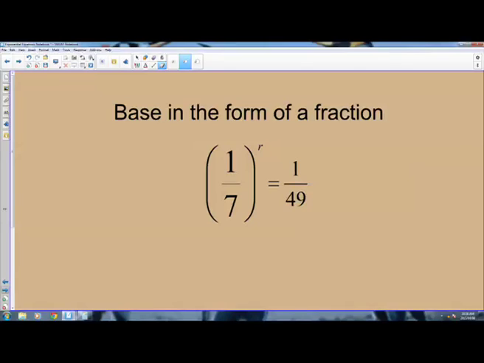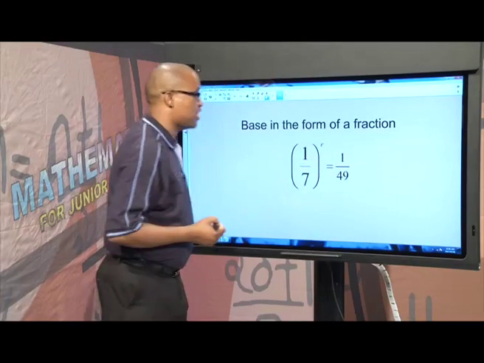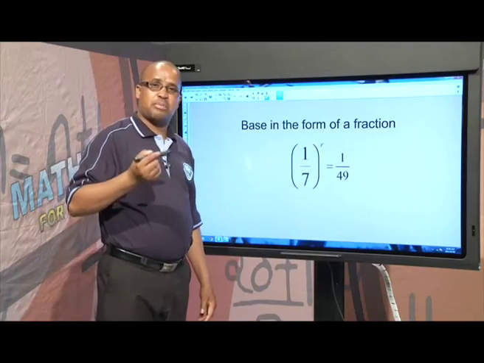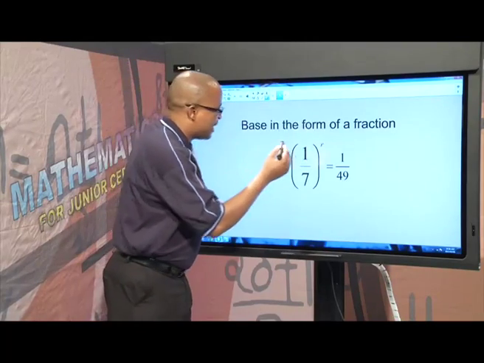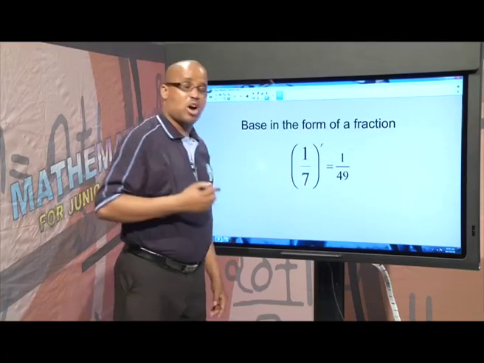So here we have 1 over 7 raised to the power r. But then on this side is 1 over 49. So this is simply prompting us to write 1 over 49 using 1 over 7. And then how do we do that?